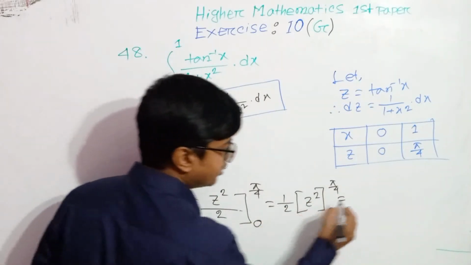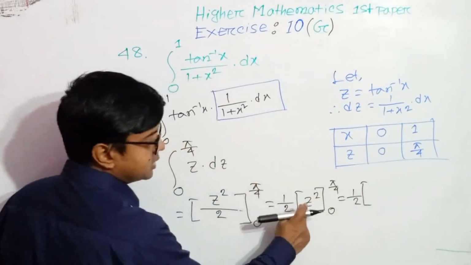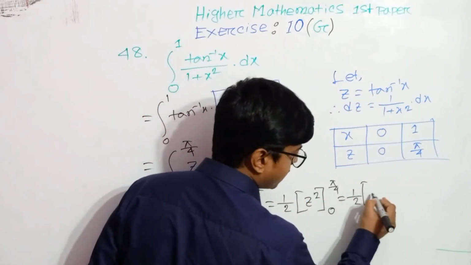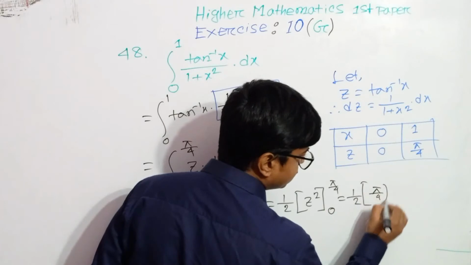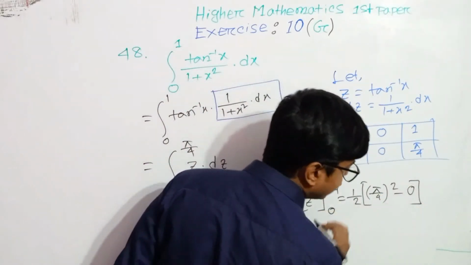So putting the value, pi by 4 whole square minus 0 square means 0, so it will be 0.